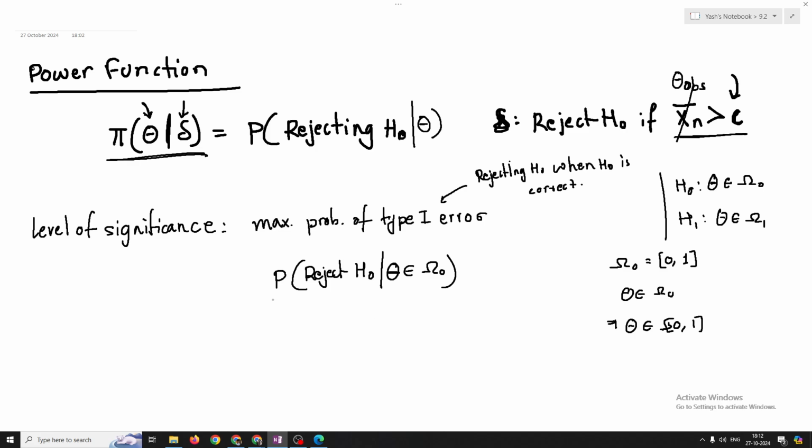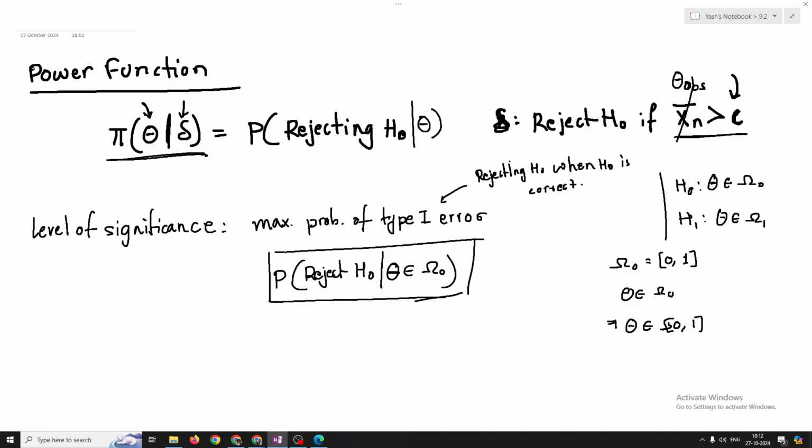So this expression would have multiple values according to what exact value theta takes. If theta is 0, then the probability of rejecting H naught given theta is 0 would be different than if theta is equal to 1, or let's say theta is equal to 0.5, right?